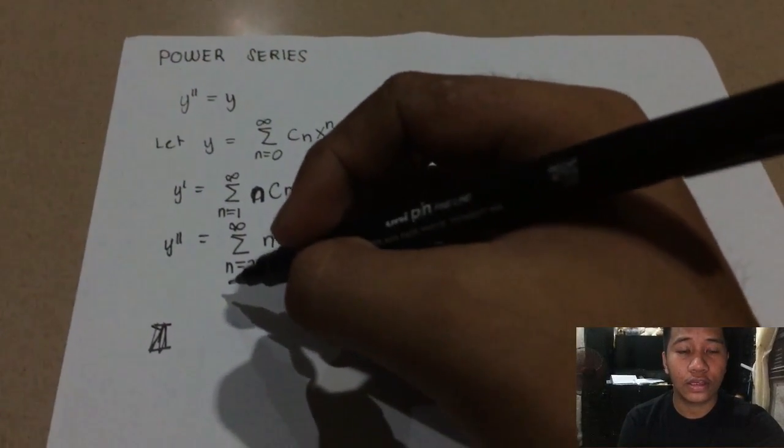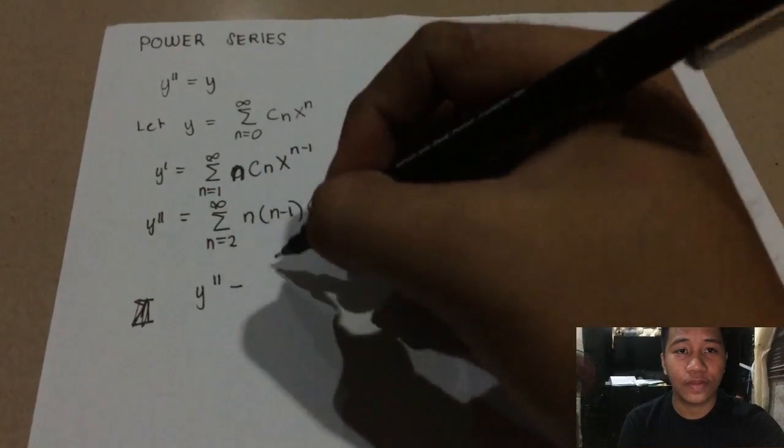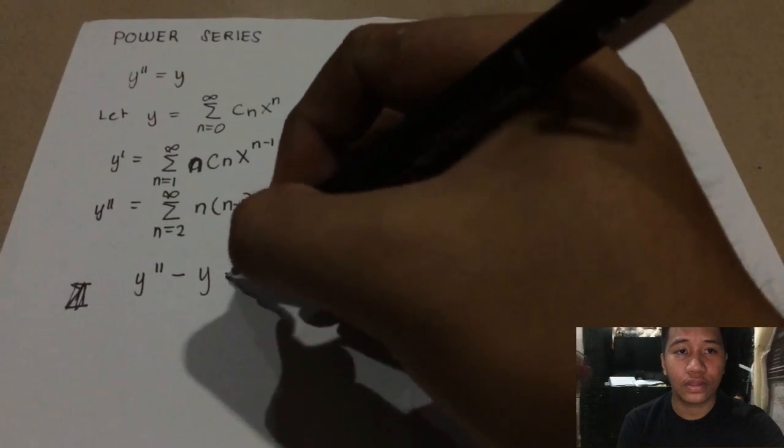So our equation would be y double prime minus y is equal to 0.